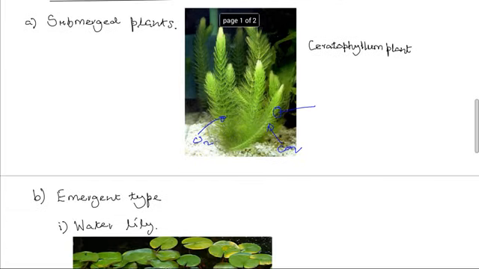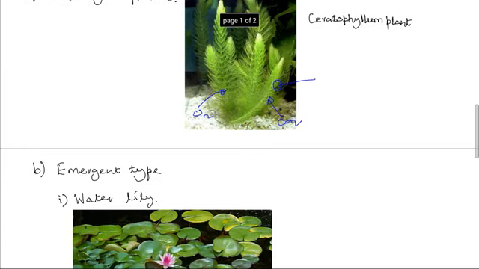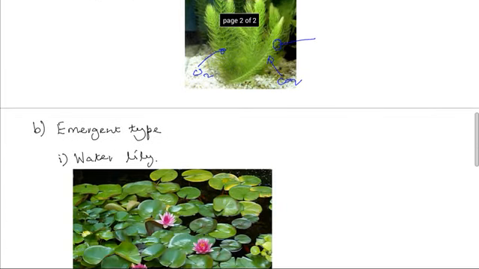Then there's the emergent type. The emergent types of plants are plants whose roots are firmly anchored at the bottom of the water body. Then the rest of the plant emerges from the water. An example is a water lily.